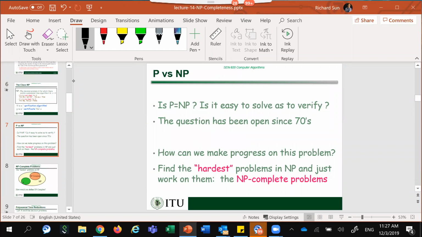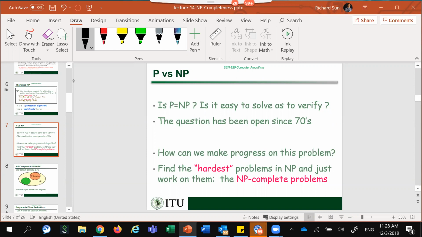If you can solve the problem in polynomial time, then I give you a guess of the solution, and you can easily verify if this guess is indeed a solution or not. So P is obviously a subset of NP, meaning a decision problem that is solvable in polynomial time must be verifiable in polynomial time.